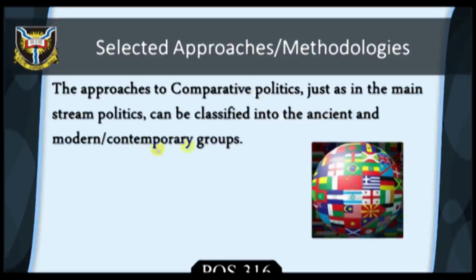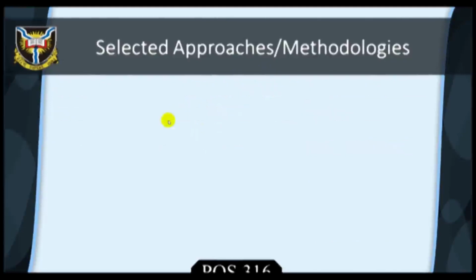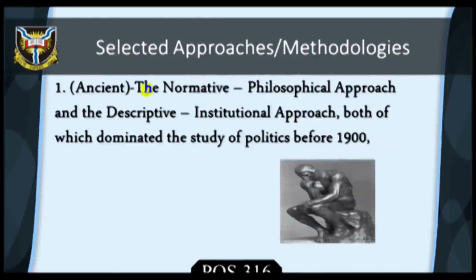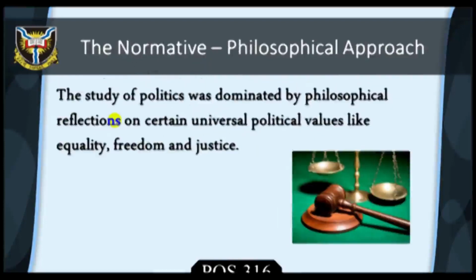The normative philosophical approach. Traditionally, the study of politics was dominated by philosophical reflections on certain universal political values like equality, freedom, and justice. This is why the writings of such early philosophers as Plato, Aristotle, Thomas Hobbes, Niccolo Machiavelli, John Locke, and Jean-Jacques Rousseau, among several others, concentrated on these values that are regarded as essential to the just state and the good of the citizens.